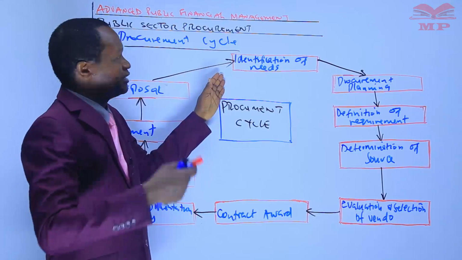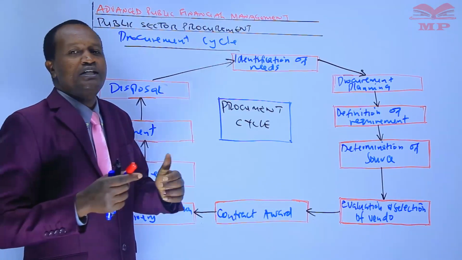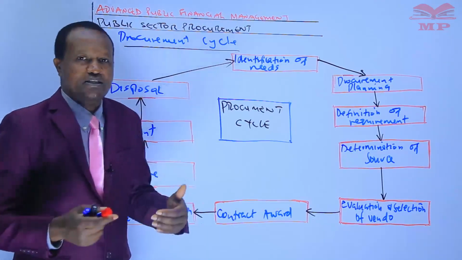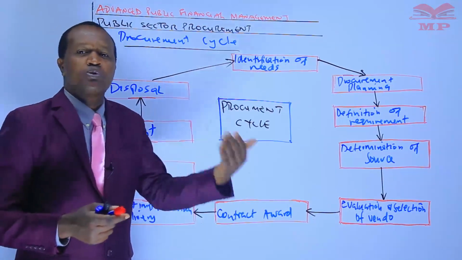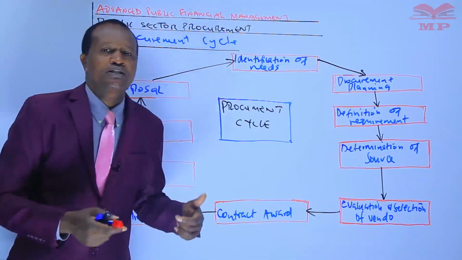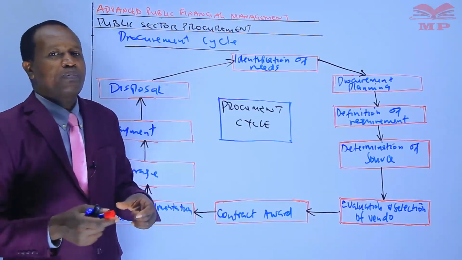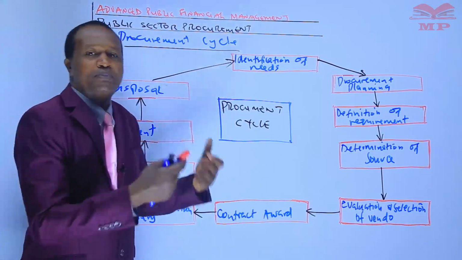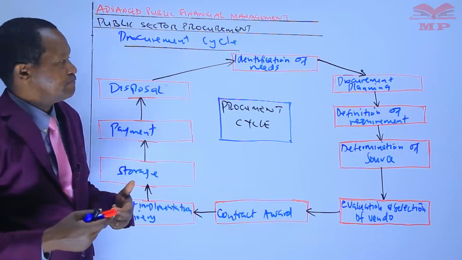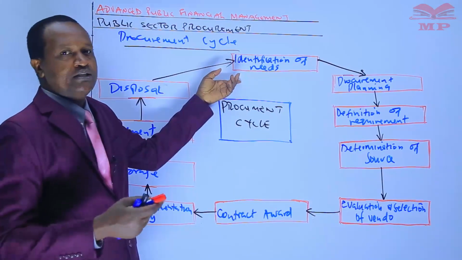And after establishing the requirements, it is crucial to conduct a market survey to ascertain aspects such as prices, new products, or alternative or substitute products, new sources of supply, the nature of competition, the environmental aspects that may affect the supply market. That is identification of needs or requirements.